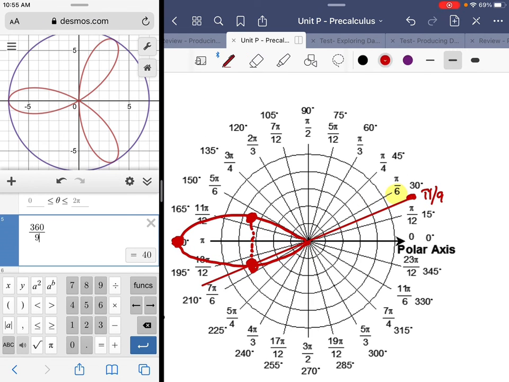We need to ballpark where 2 pi over 9 is. I put it in Desmos: 360 divided by 9 is about 40 degrees. So we'll have to estimate: here's 30, here's 45, separate 5, 10, 15, so 35, 40, 45. That gives us a little line segment here that would be 40 degrees.